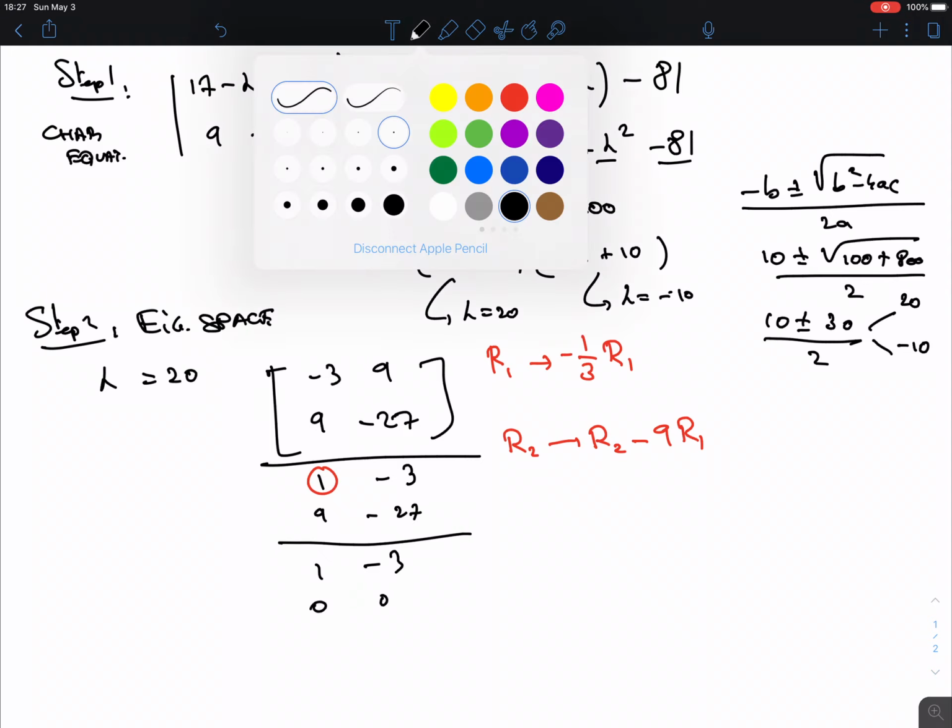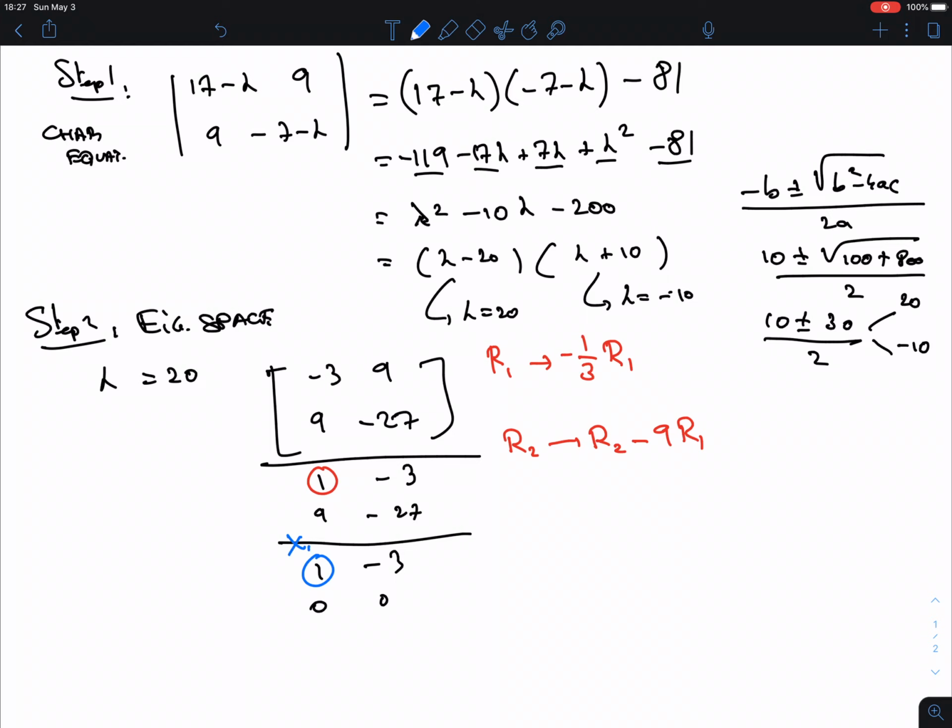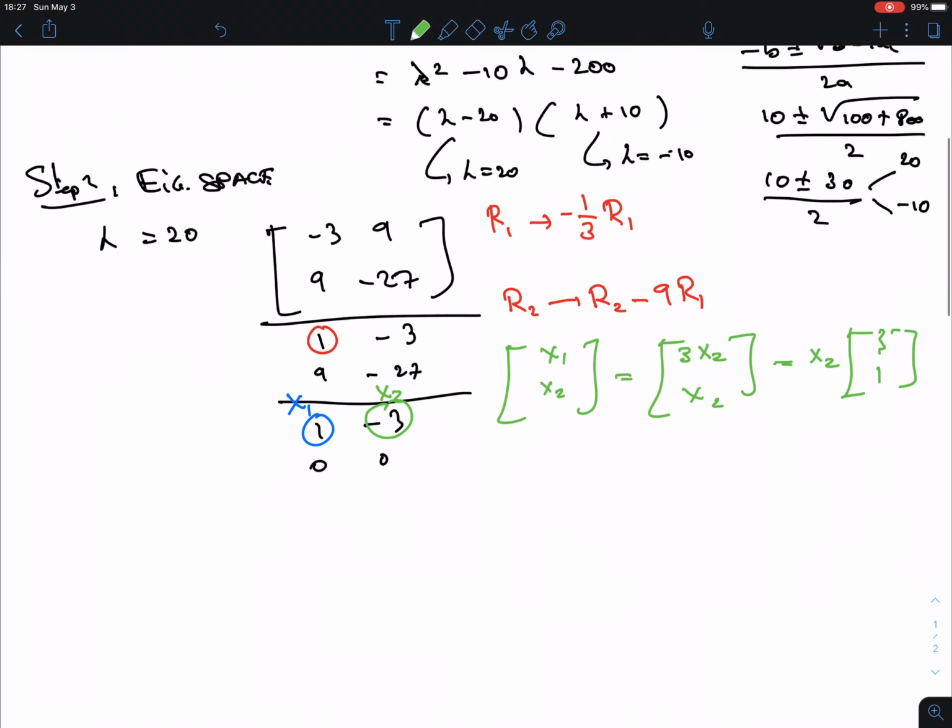Let's analyze everything. This is our pivot variable. We have a free variable, that's x2. So x2 is just itself, and x1 is 3 times x2. So we find the eigenvector 3, 1, a basis for the eigenspace.